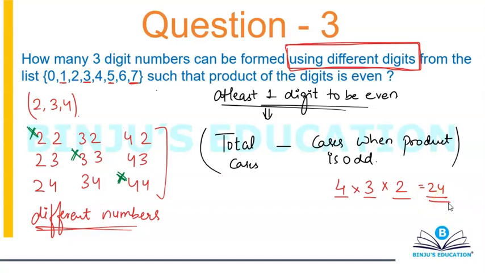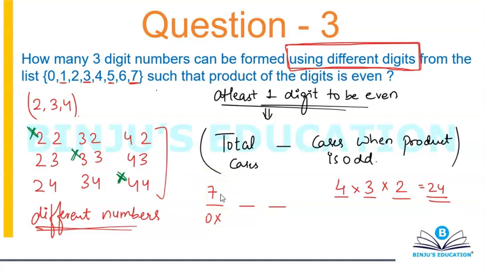Now I need to calculate the total possible cases. Again I'm going to draw 3 dashes. Again 0 cannot come at the first position. There is no other condition. I'm simply calculating the total number of 3-digit numbers that can be formed using different digits. 0 cannot come at the first place, so I can have any of the 7 numbers, 1 to 7, at the first place.